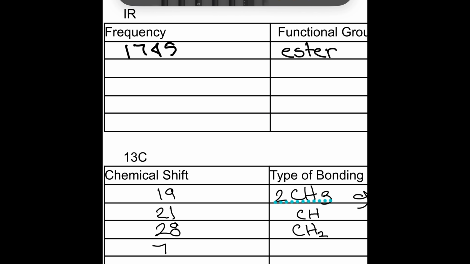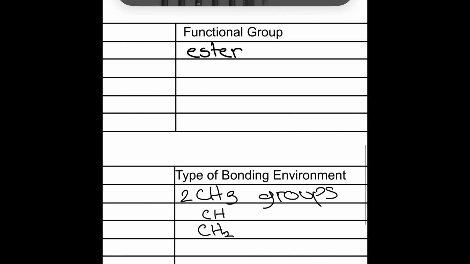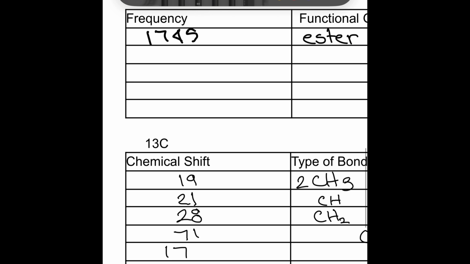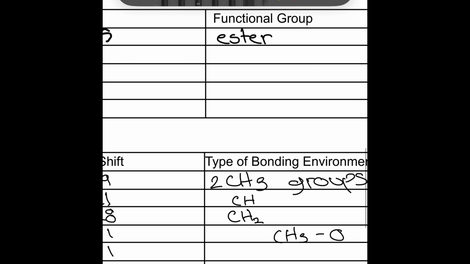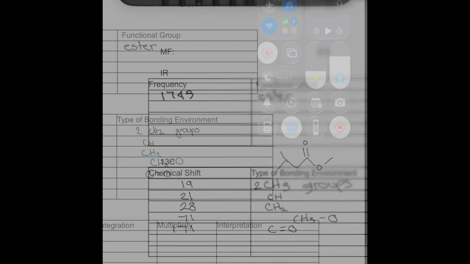The fourth peak had a CH3 bonded to oxygen. And then finally, that fifth peak at 171 is the carbon double bonded to oxygen. So that is it for that table.